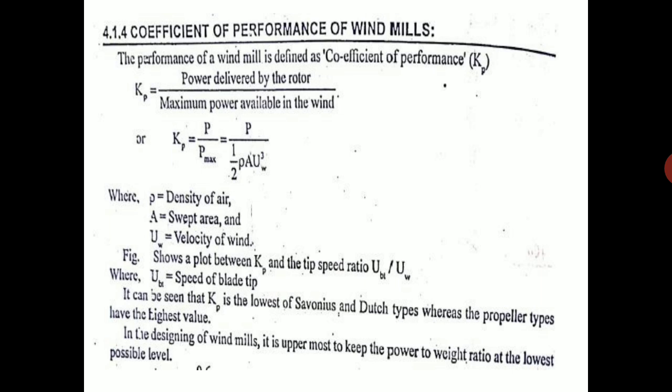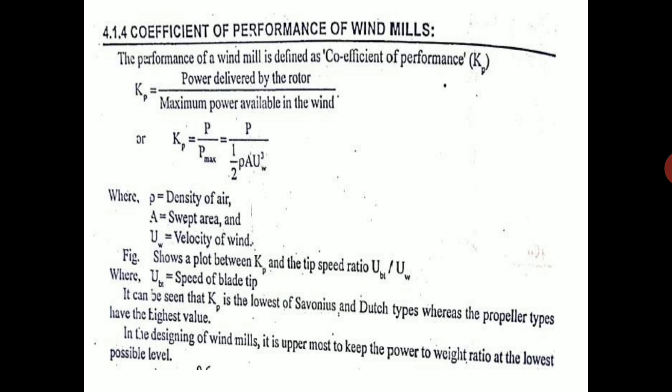Second thing is there is something called a tip speed ratio. You have big blades, like 50 meters, 100 meters blades, no? Just imagine 50 or 100 meters.